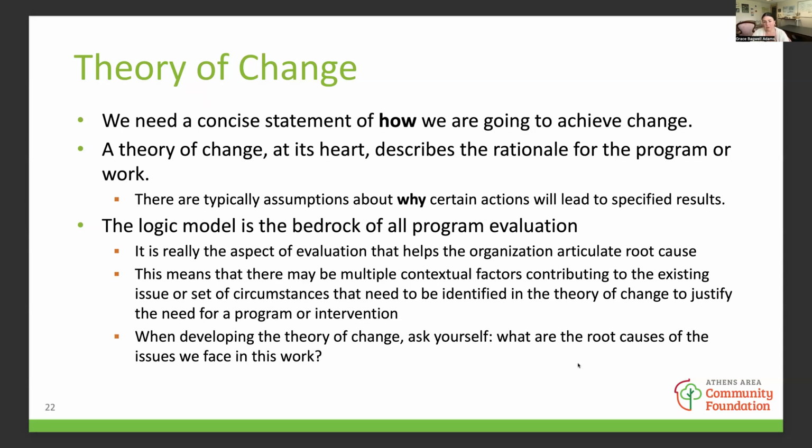Transportation is a big one, right? So there are many different contextual factors that need to be identified when you're developing your theory of change. And you just need to question yourself and say, what are the assumptions I'm making about this problem in our community? And how do those assumptions guide my beliefs about what needs to happen to solve a problem? That's really the bottom line here.